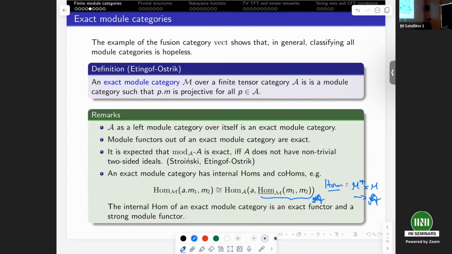So the Hom obviously is not necessarily exact, because a module category over a finite tensor category that is not semi-simple is not necessarily exact, but the internal Hom is exact. So we will see that it is, in my opinion, quite appropriate to think about exact module categories as module categories which are relatively semi-simple, so semi-simple relative to the monoidal category.